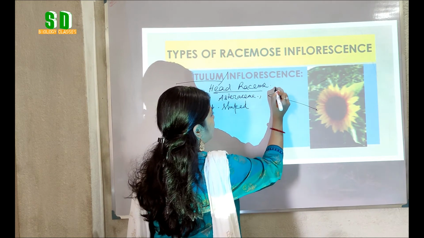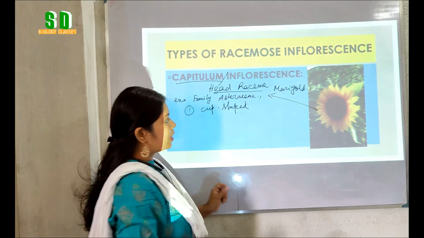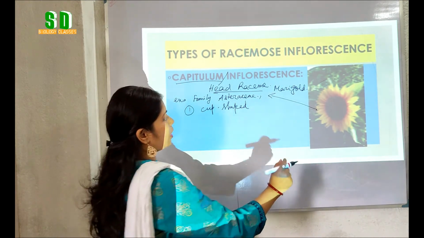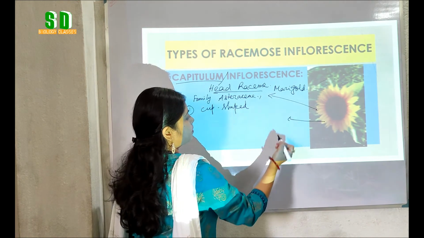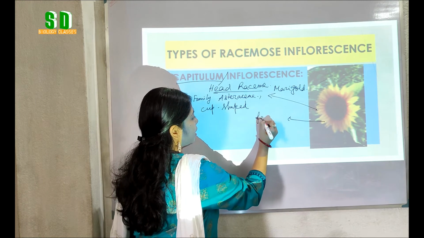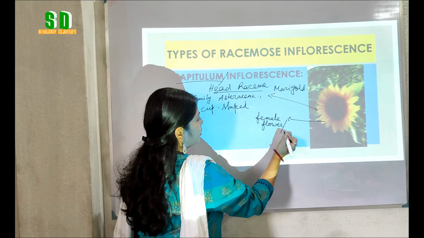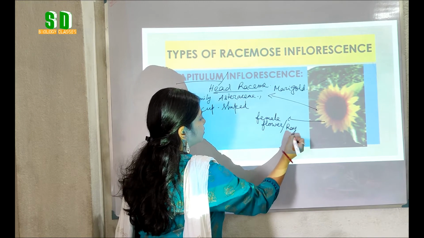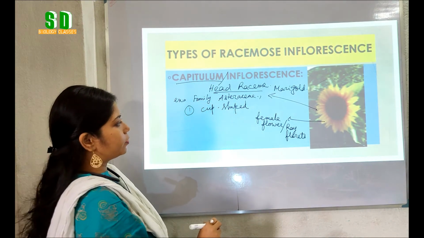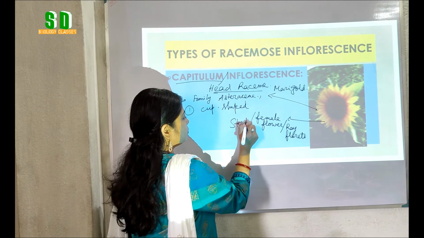In the case of marigold also we get the same type of structure. So marigold and sunflower are not flowers, they are inflorescences, where these yellow parts, the petal-like structures, are called the female flowers or the ray florets. The female flowers or ray florets can be sterile in some cases.